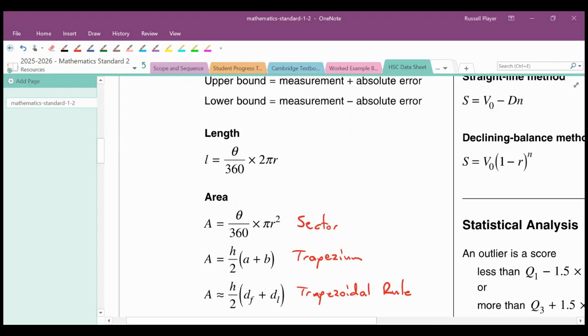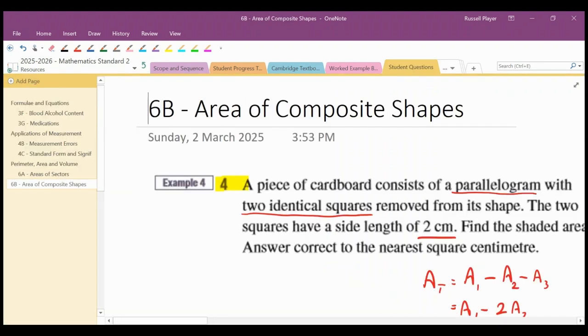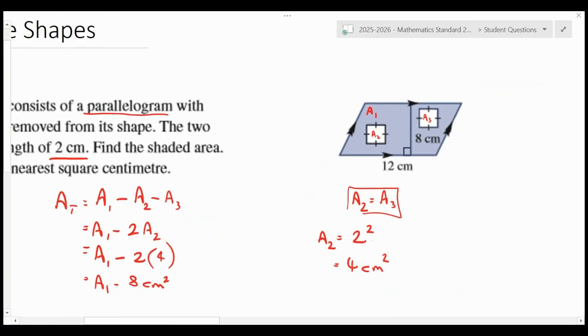The reason they don't put it on there is because it's the same as a rectangle. It is just a rectangle that's sort of leaning over. It doesn't have the 90-degree corners. But the area for a parallelogram is base times height.